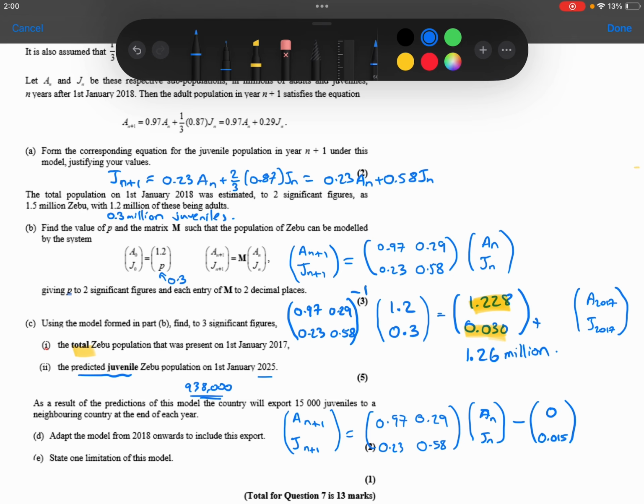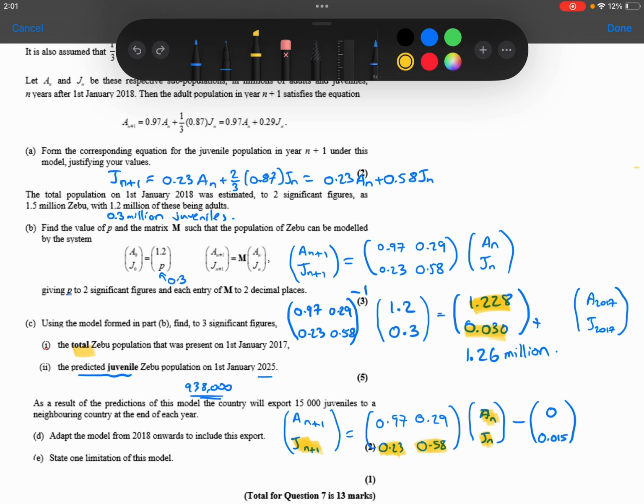So what I'm saying here then is the adult population the next year is 0.97 times the adult population from the previous year plus 0.29 times the juvenile population from the previous year, take away 0. But crucially, what I've adapted here is I'm now saying that the juvenile population the next year is the 23% of adults that gave birth plus the 0.58, the 58% of juveniles that remained as surviving juveniles, take away the 15,000 that have been exported to the nearby country.